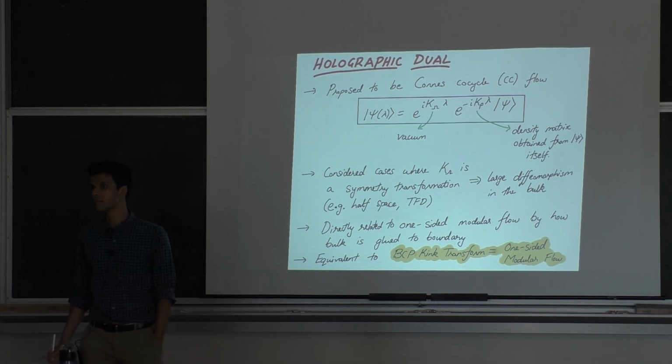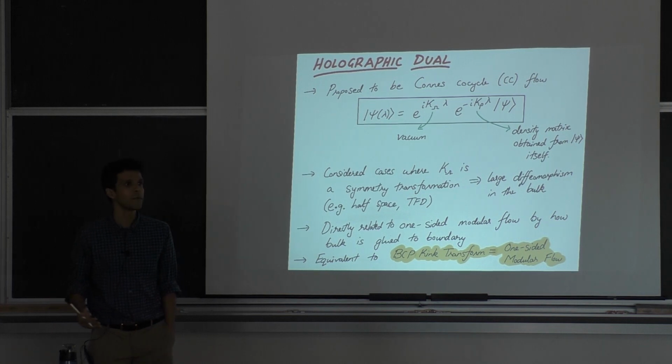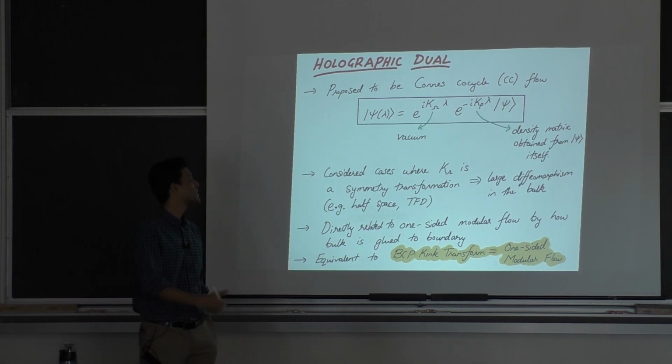Your statement that this Connes cocycle flow is a Kink transformation is approximate or exact? Well, it's approximate, but it depends on what parameter you're interested in. For example, you could consider G Newton corrections or whatever.